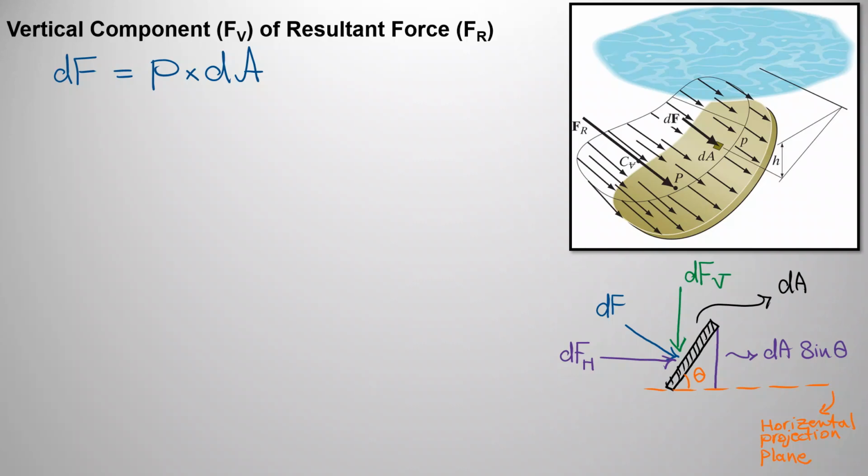So what I'm going to do, as I said, is find the vertical differential force on the teeny tiny patch that we have. To do that, I need pressure times area, the horizontal projected area of that small patch.